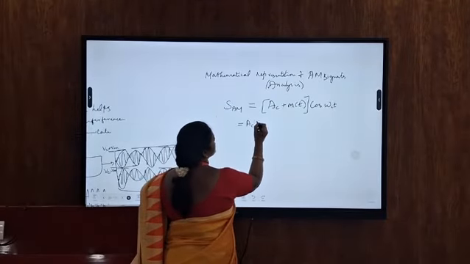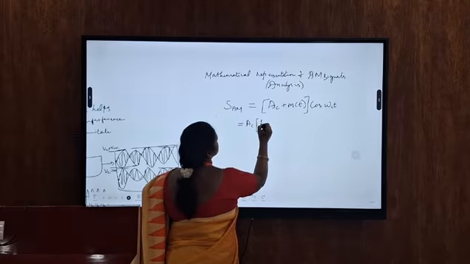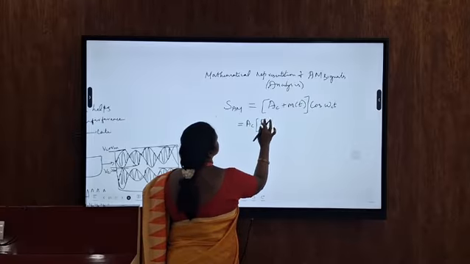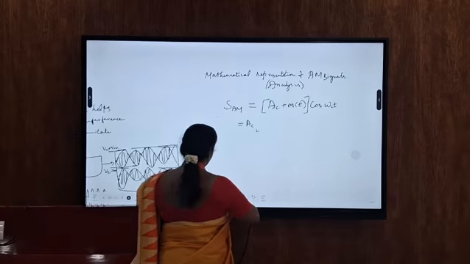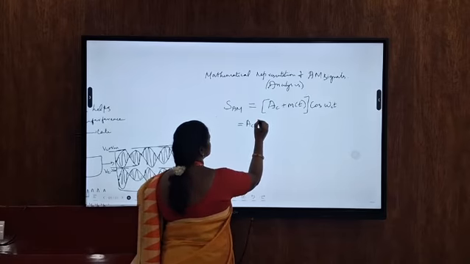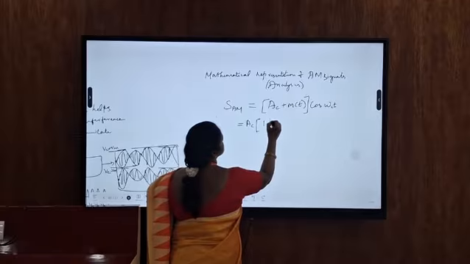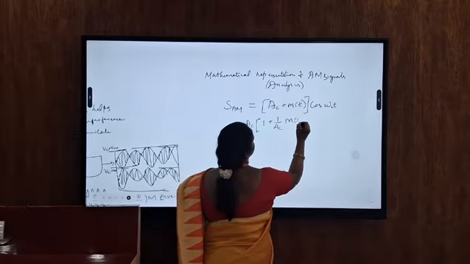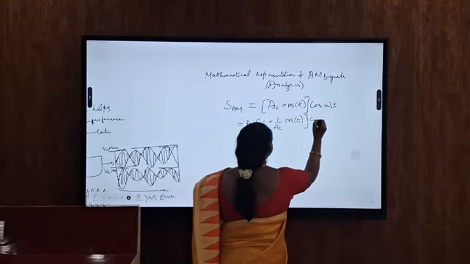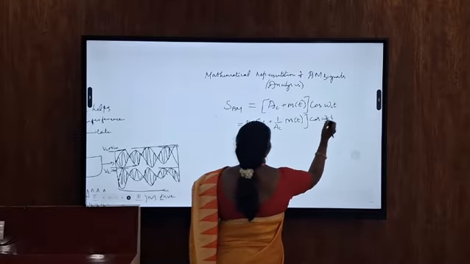Here we take Ac outside, so we get Ac into 1 plus 1 by Ac into m of t, into cos omega c t.